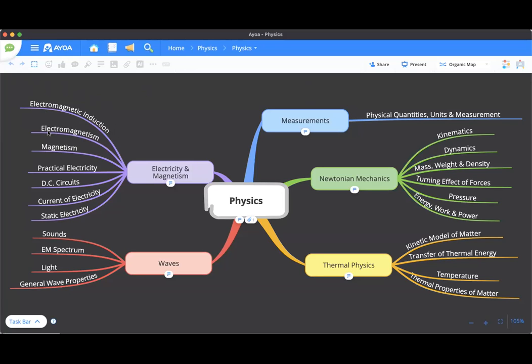The topic before this, we talked about when there is a current in a magnetic field, it will produce a force. Electromagnetism means when there is a current in a magnetic field, it will produce a force. So what is electromagnetic induction? It's the opposite.